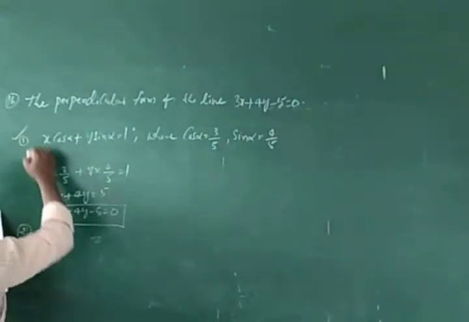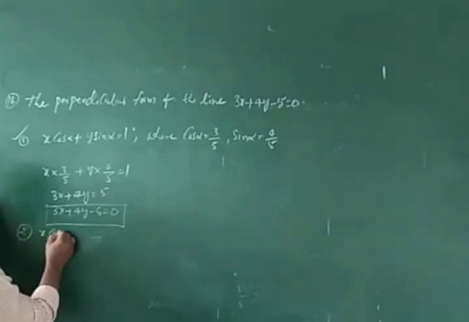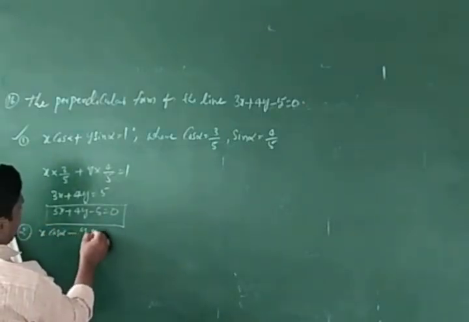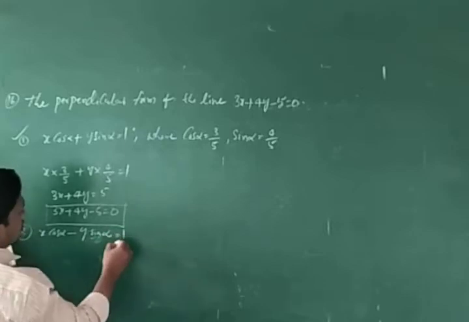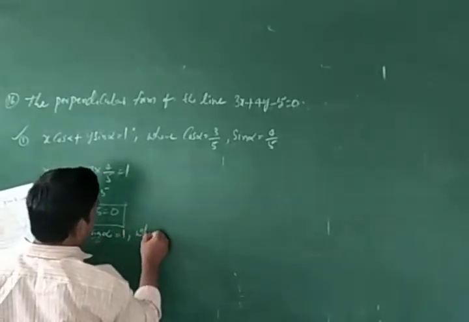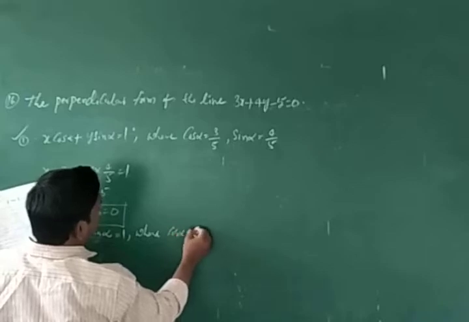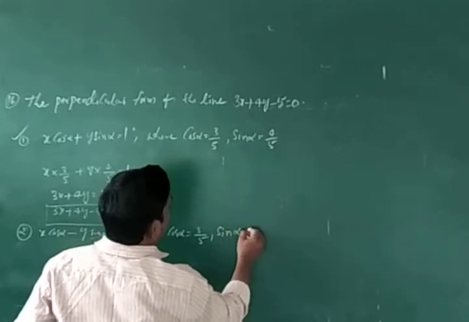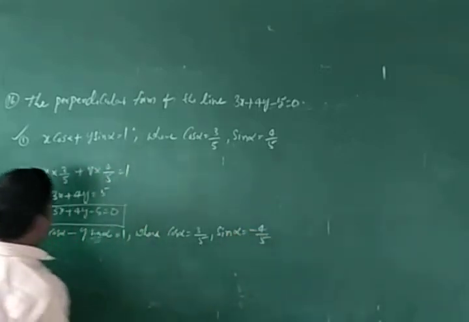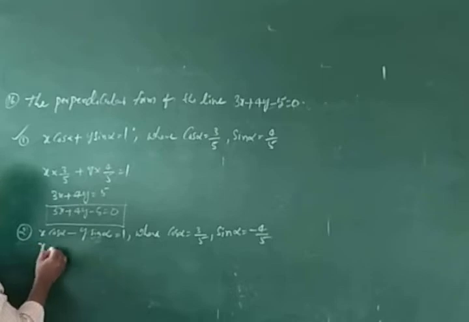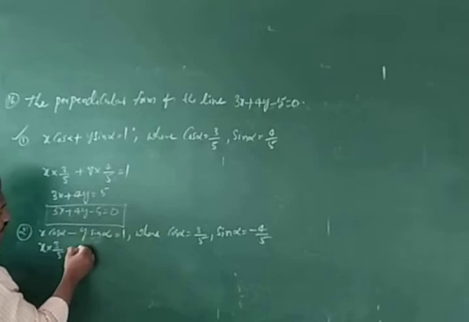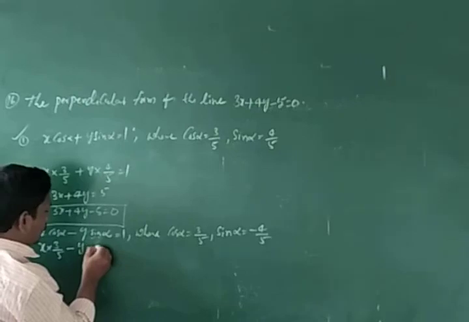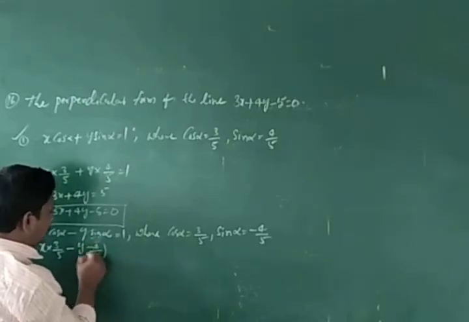First one is right. And the second, x cos alpha minus y sin alpha equal to 1, where cos alpha equal to the same value 3 by 5 and sin alpha is minus 4 by 5. Substitute the values: x into 3 by 5 minus y into minus 4 by 5 equal to 1.